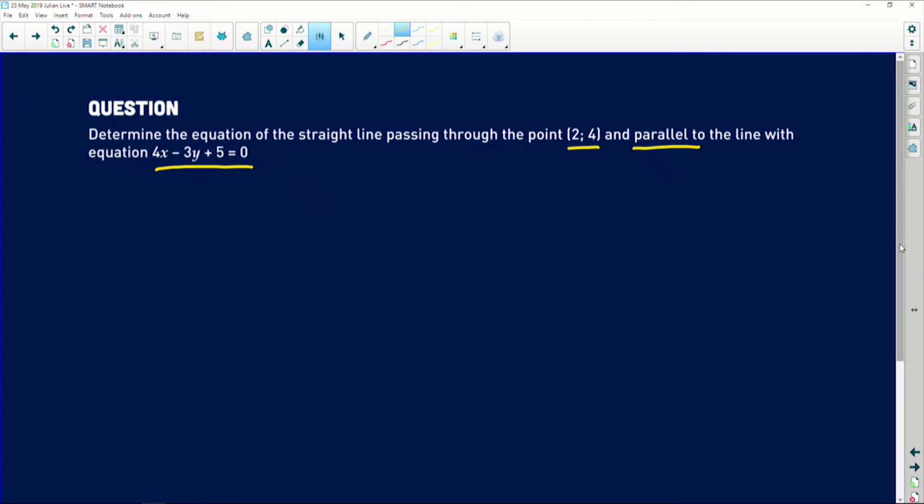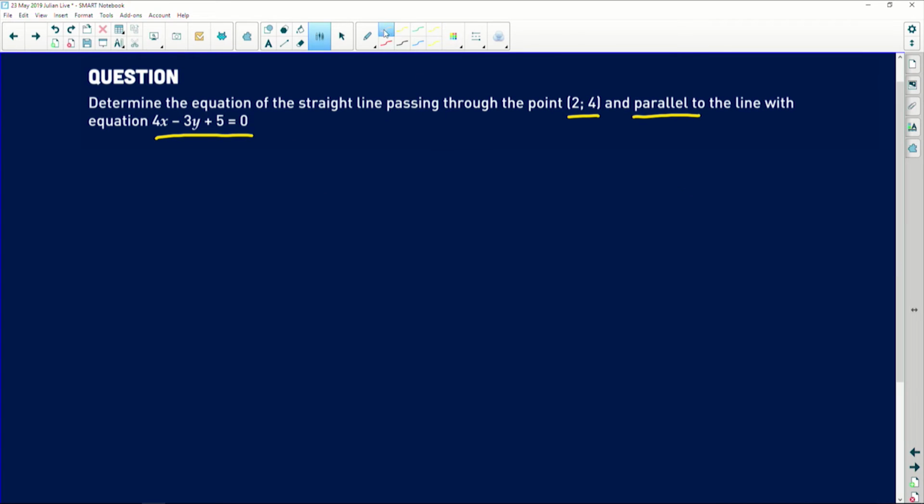So the first thing that we're going to do is say that the gradient of the line that we're looking for, I'm going to call it m1, is going to be equal to the gradient of my second line. Now you can see up over here, my equation is not in standard form. So we first got to put this into standard form.